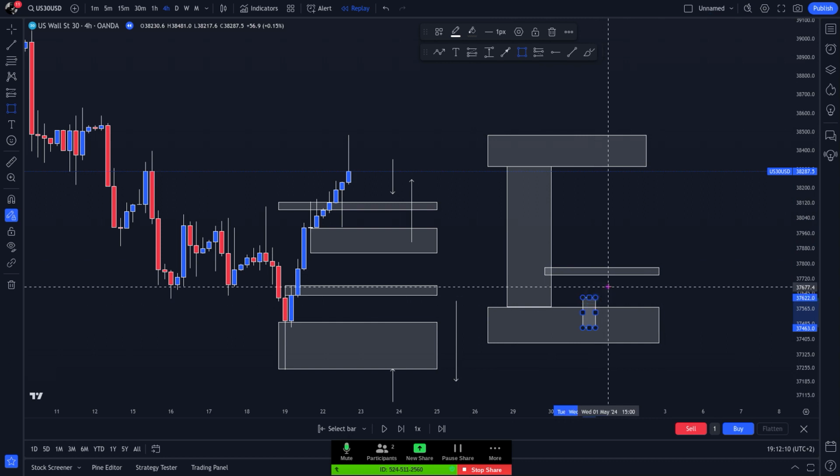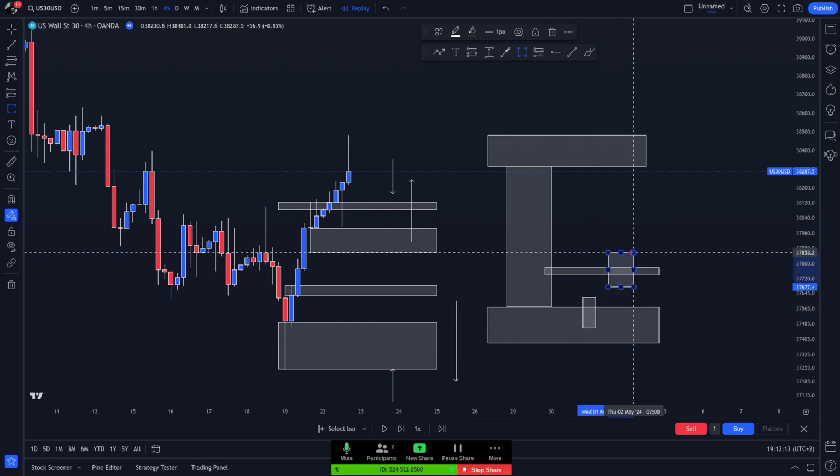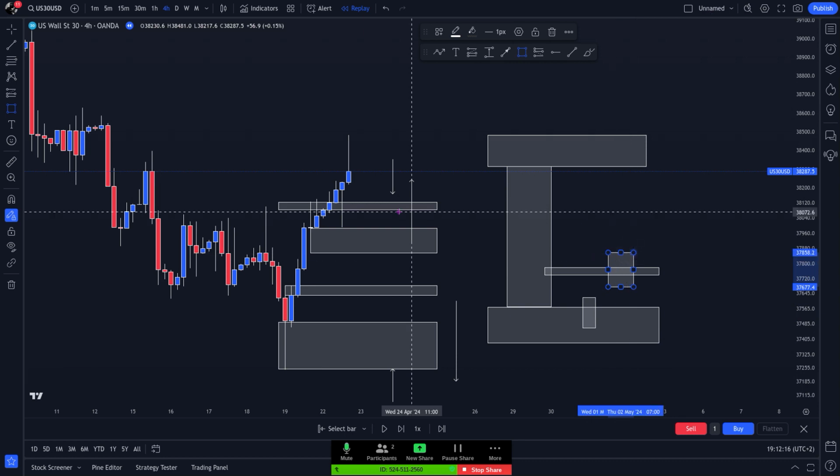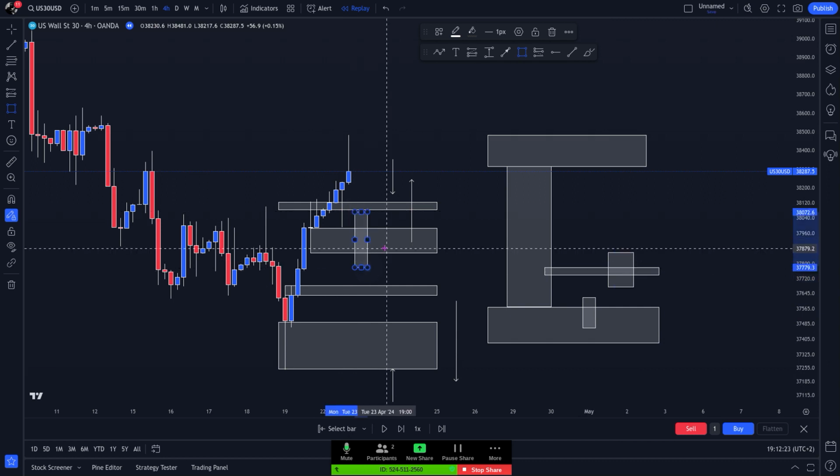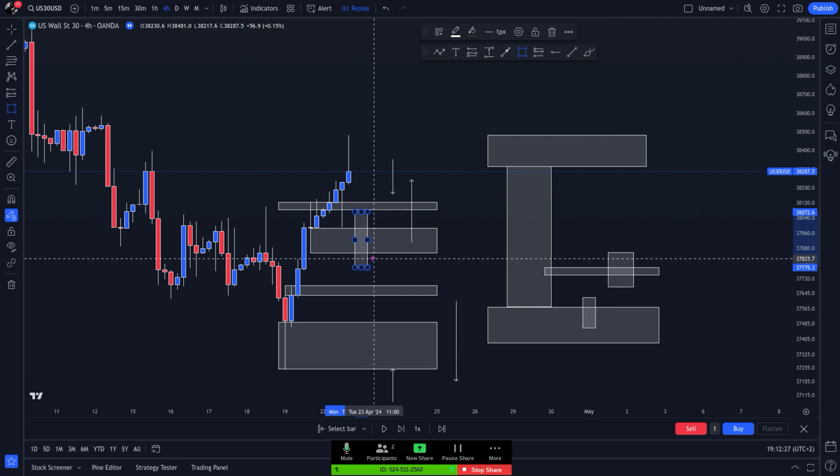We can have a second entry at the minor zone. That's why we have them. Or sometimes you wake up and it's too late and price is now trending here at the minor zone. You can look for opportunity. You missed the first one, but we have a second one. Do you understand?